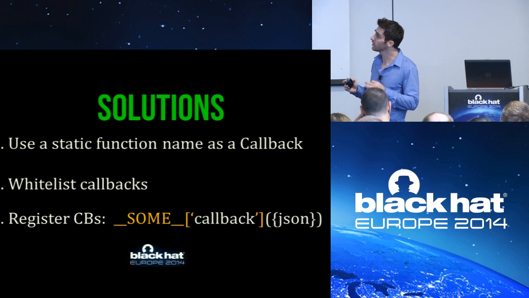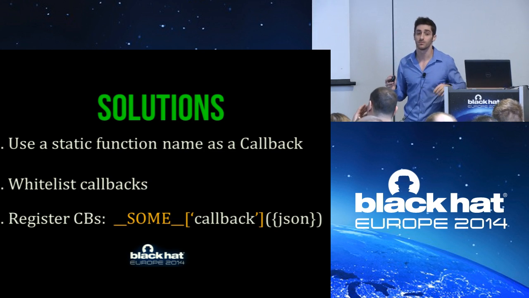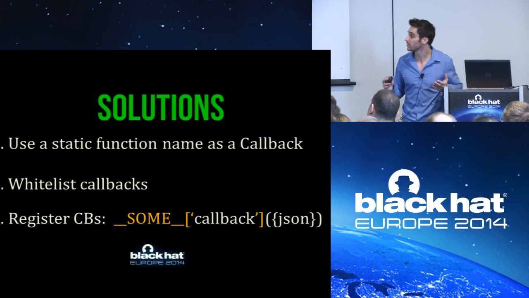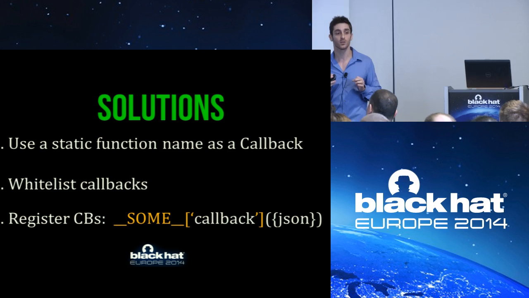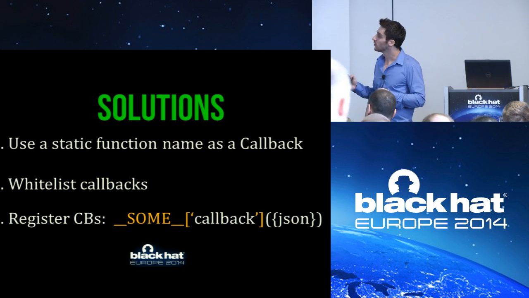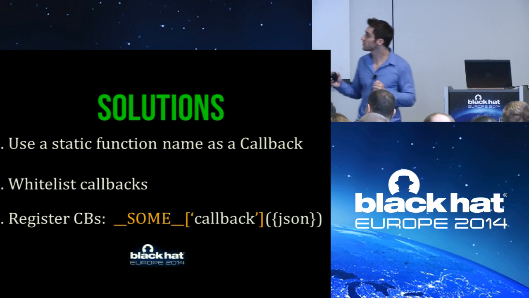And if you cannot whitelist callbacks or use a static function name, well, the third option would be the best option for you. You can register callbacks. This is a new solution. You can use JavaScript to make a global object on your page and register the callbacks that you want using this.